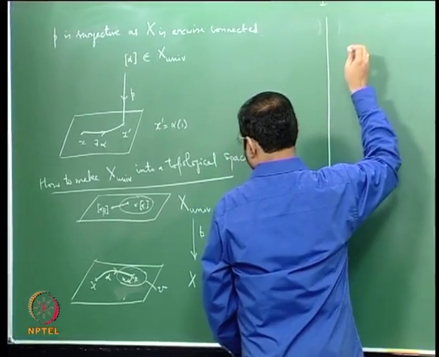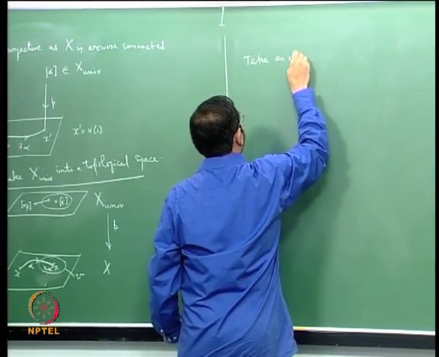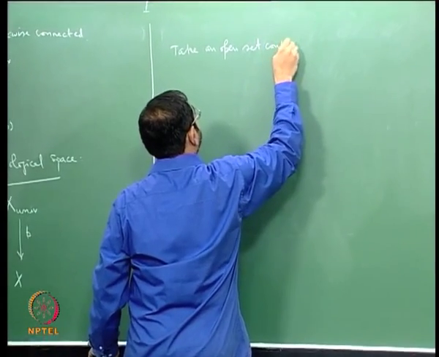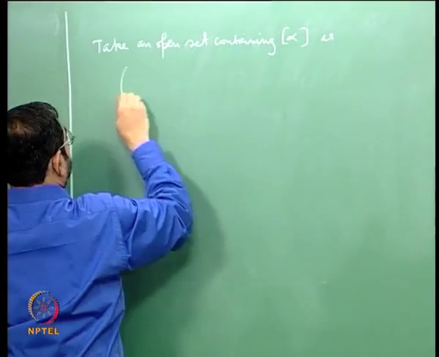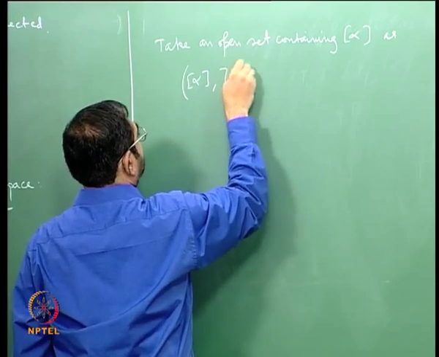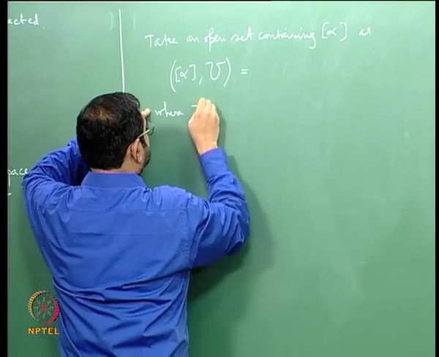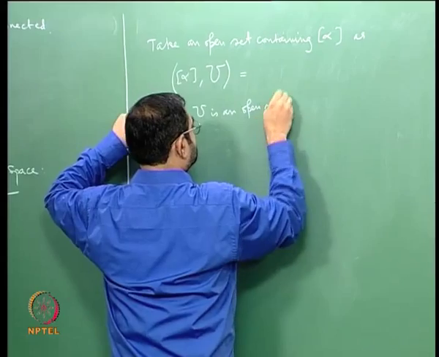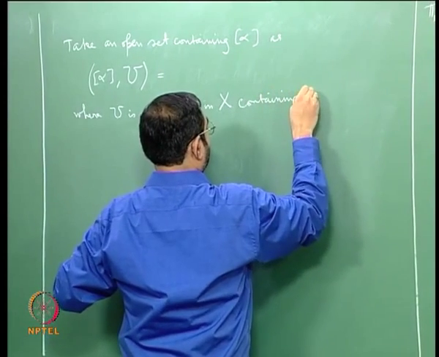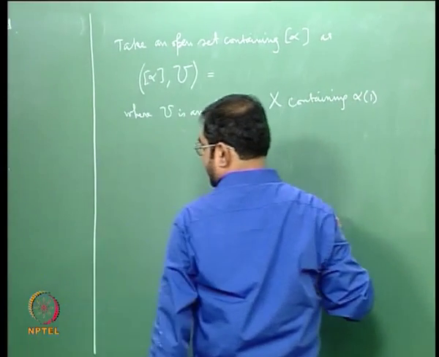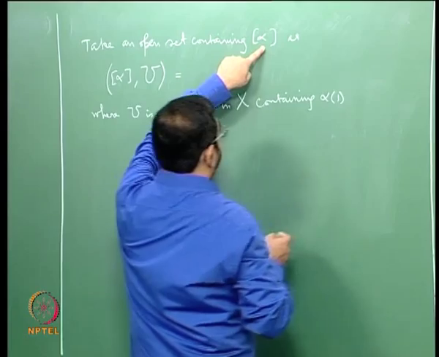So what you do is take an open set containing the point alpha, which I will write as a pair alpha comma U, where U is an open set in capital X containing alpha of 1, the point above which alpha is lying.